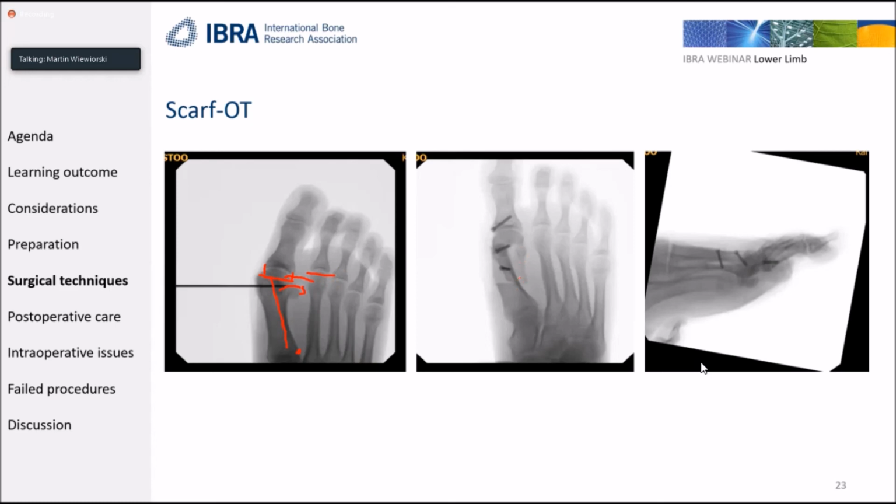So basically, try to swing this proximal part a little bit more out, which I think I managed in this patient. As you saw before, I fixed this with the cortical 2.3 screw, and in most cases, probably more than 90% of the cases, I also perform an Akin osteotomy. And here you can see the fixation on the lateral view.